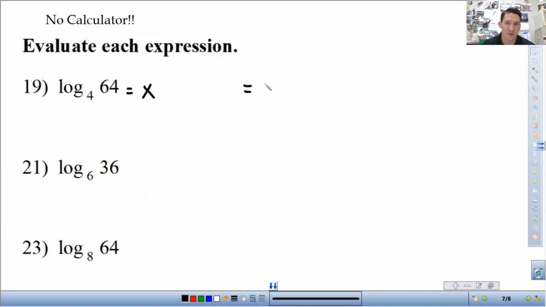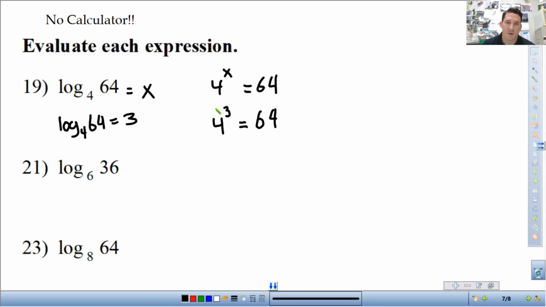So the exponential form is going to be 4 to the x equals 64. So 4 to what power is equal to 64? You can guess and check here, but 4 cubed is equal to 64. So that means that log base 4 of 64 is equal to 3.